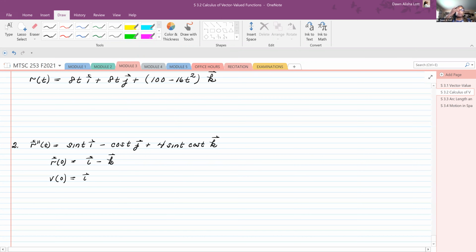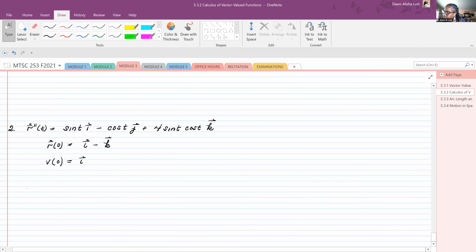All right, so to make my life easy, I'm going to change this to R double prime at t is the sine of t i minus the cosine of t j plus 2 times the sine of 2t k. Okay, that is much easier to integrate.